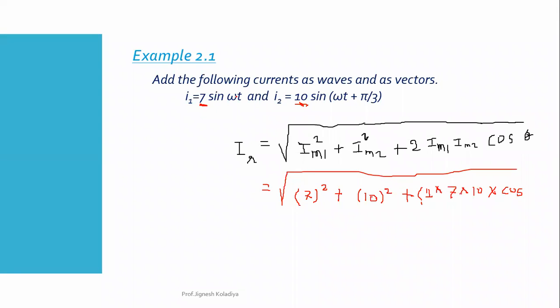Theta means, see here, omega t plus nothing is given. Similarly here it is pi by 3. Pi by 3 means 60 degrees. So you can write cos 60 over here. Tell me what you are getting.